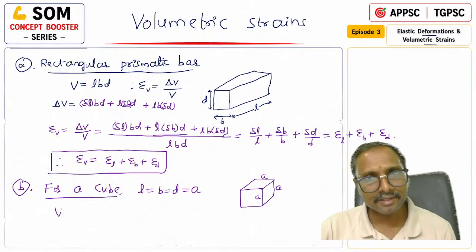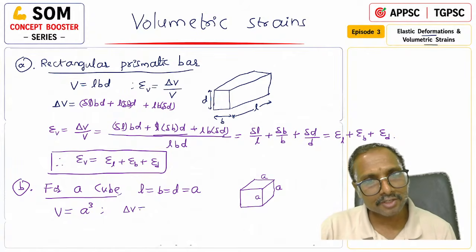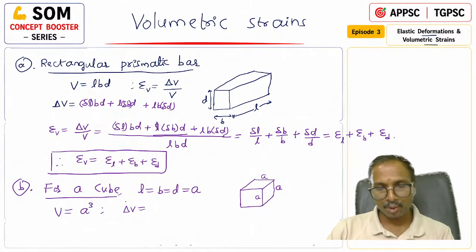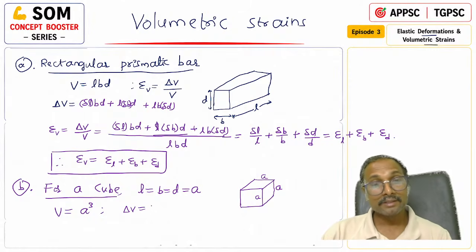Tell me, what is the volume of this cube? A cube is the volume, and what is delta V? Differentiation of this A cube gives 3 times A square into delta A.